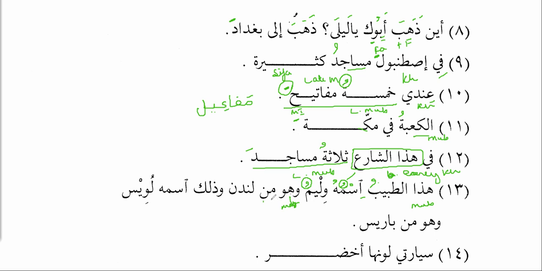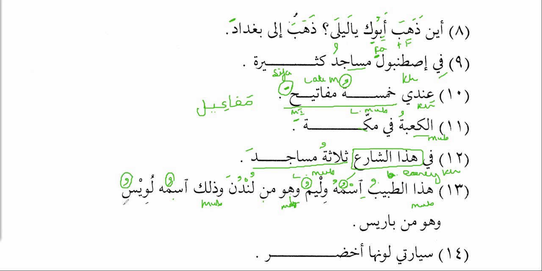Min harf jar. Lunduna, cannot take a kasra. Wadhalika ismuhu Louis. Ismuhu Luisu. Why Luisu? These are all foreign names. And why dhamma? Because wadhalika is the mubtada and the khabar is coming, that's why the khabar and all are in marfu case.